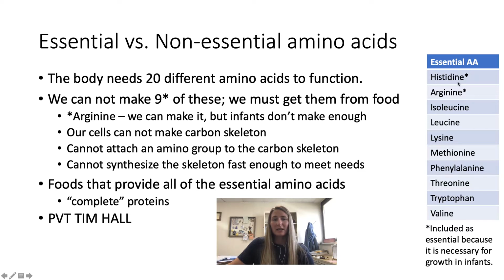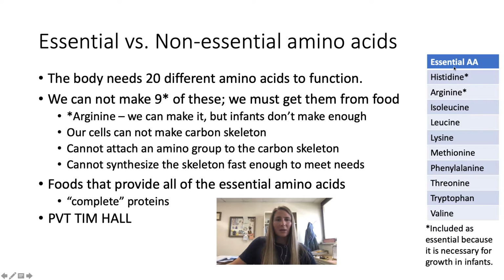Histidine, however, is definitely only essential for infants. Once we reach a certain age, our body has developed the function of making histidine, so it becomes non-essential. But as a comprehensive list, remember there are 10 essential amino acids. We are including 10 in this class. Other sources include 9, mainly because arginine is kind of the one that comes up in a question.